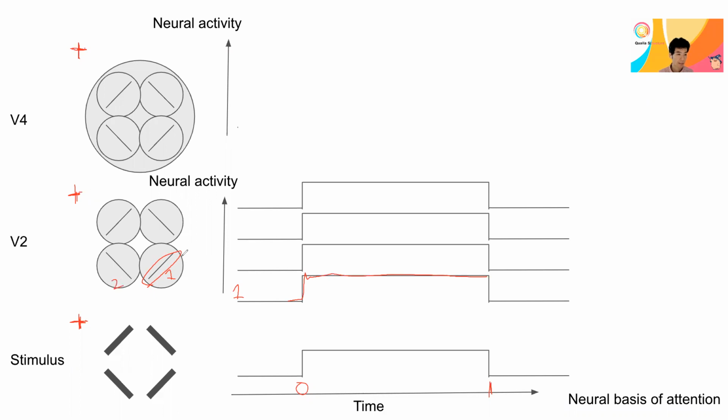And the same goes for neurons 2, 3, and 4. Each of them likes this orientation, this orientation, this orientation, and that corresponds to the increase of the response here, 2, 3, 4. Okay.